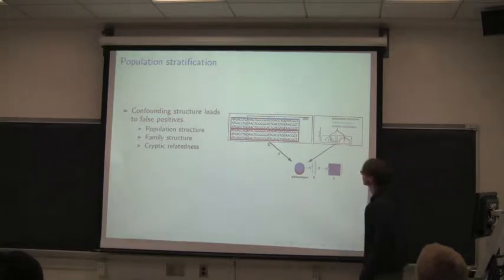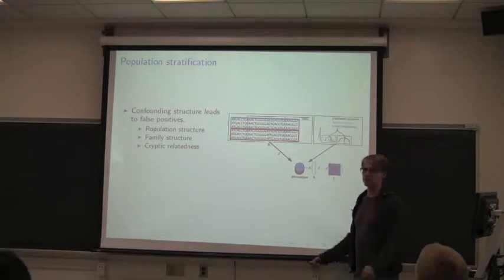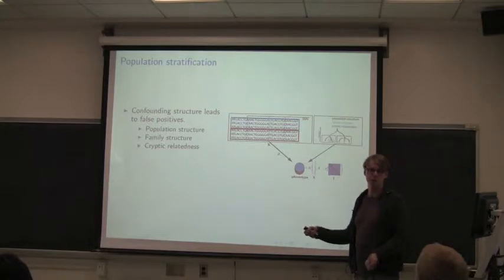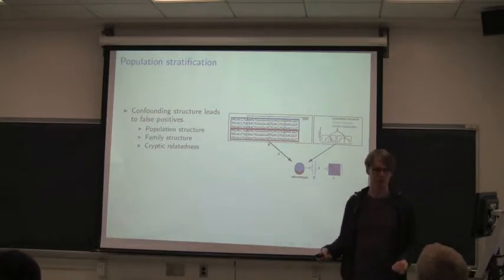Because of that, if all the SNPs are correlated within families and the phenotypes are very similar within the family, then you have an association between the SNP and the phenotype, even though there's nothing systematic, nothing causal actually there.